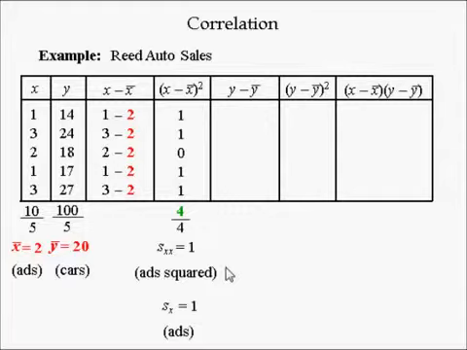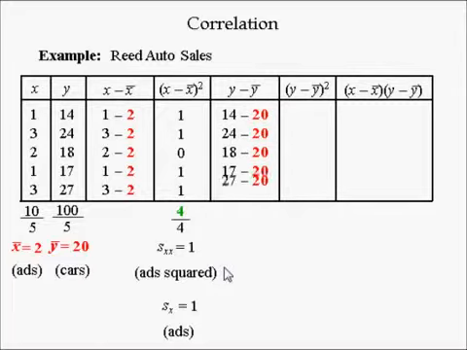The square root of this is the sample standard deviation of x, which equals 1 ad. The 5 deviations from the sample mean of y are found by subtracting y bar, which equals 20 cars, from all 5 observations of y. The squared deviations from the sample mean of y are equal to 36, 16, 4, 9, and 49 squared cars.